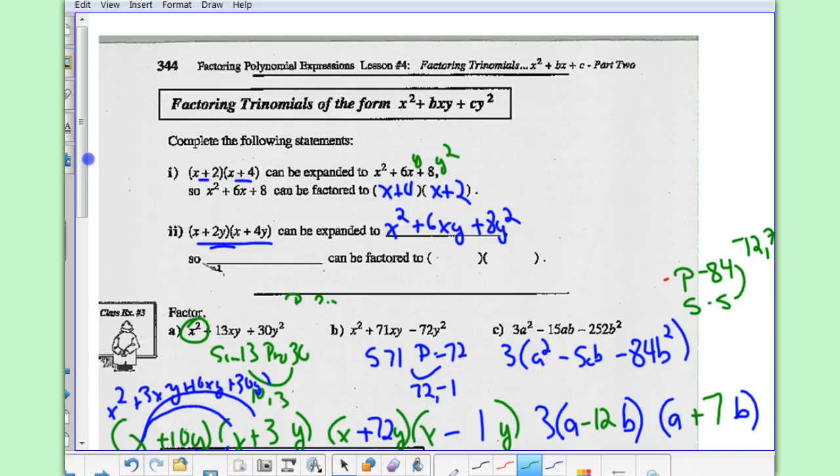They look the same, but they just have more variables, right? So x squared plus 6xy plus 8y squared can be factored to be (x plus 4y) and (x plus 2y). So we just need to make sure that we're aware that adding variables makes things look a little strange, okay?